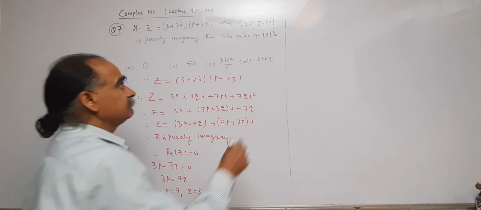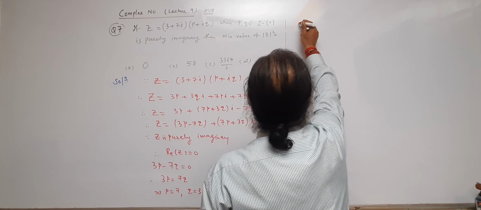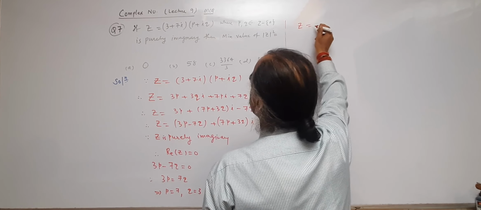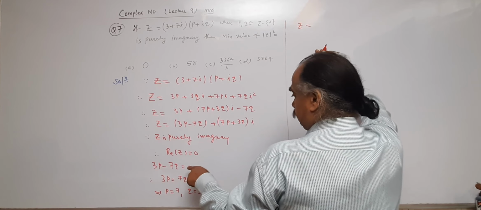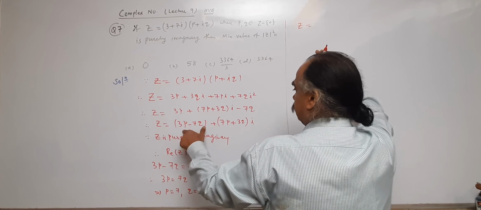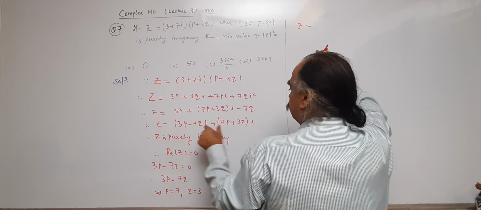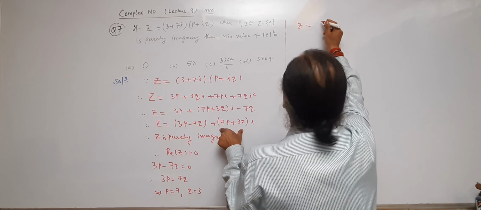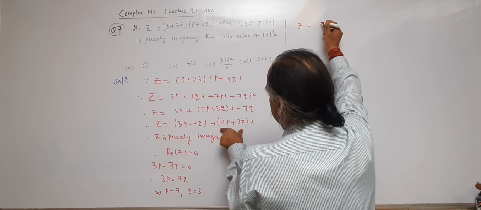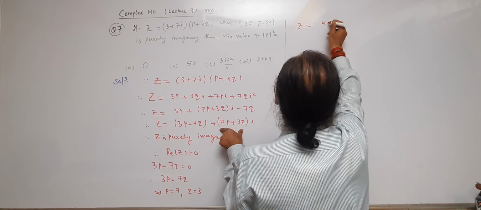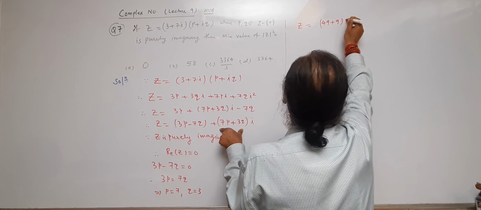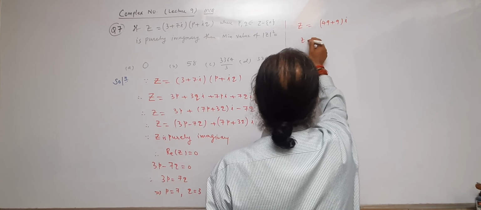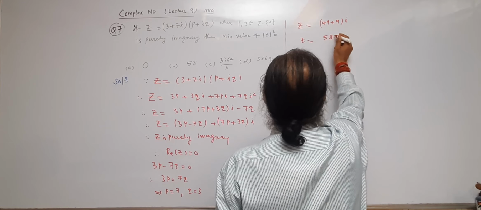Therefore, z will become this part 0, and this is 49 plus 9, 58i.